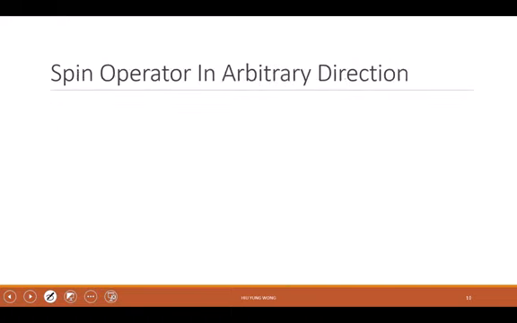Now, we say that the Pauli matrix refers to a special direction of magnetic field. For sigma z, I have a Pauli matrix of a kind. If the magnetic field is in the x direction, it is 0, 1, 1, 0. What if I have an arbitrary direction?